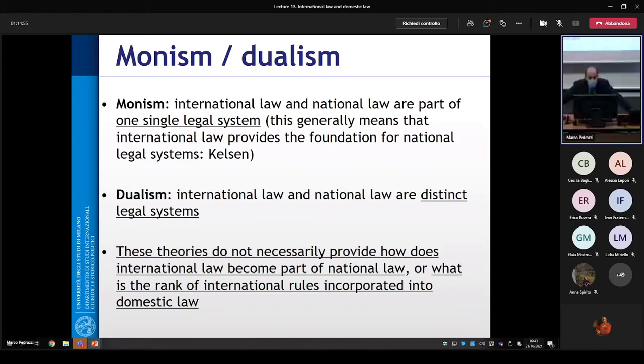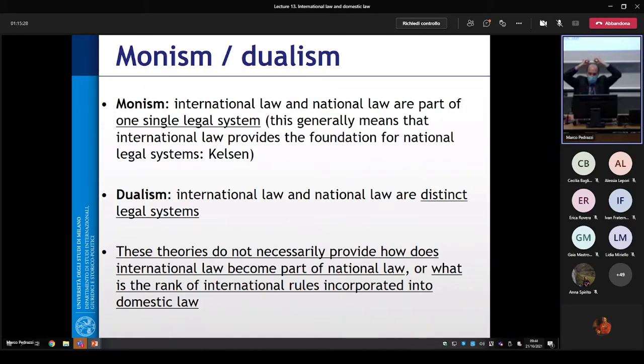So he wrote in the first part of his life in German and then subsequently in English. According to Kelsen, there was only one legal system. And this legal system could be based, in fact, on two different premises, either that national law is superior to international law, or that international law is superior to national law.